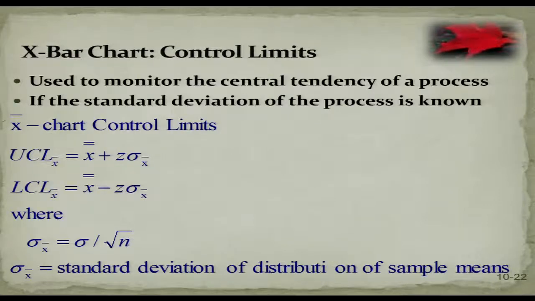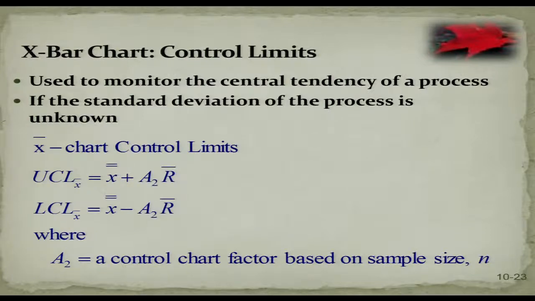And the formula I introduced here: if we know the standard deviation of a process, then we first have to calculate the standard deviation of the distribution of sample mean, notation sigma x bar, which is the standard deviation of the process sigma divided by the square root of the sample size n. Then plug in to calculate the upper control limit and lower control limit of the mean chart.